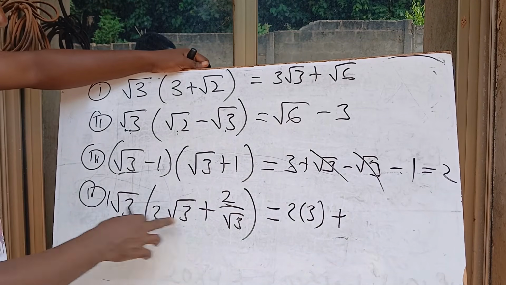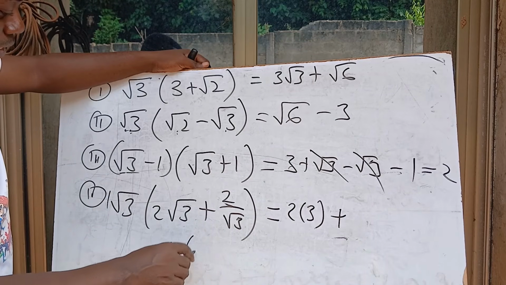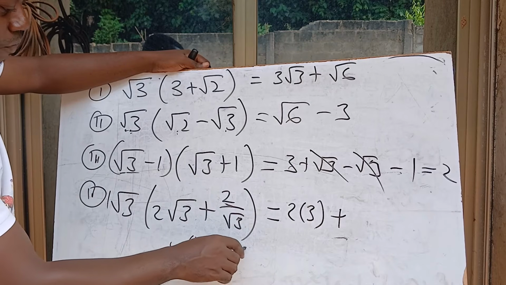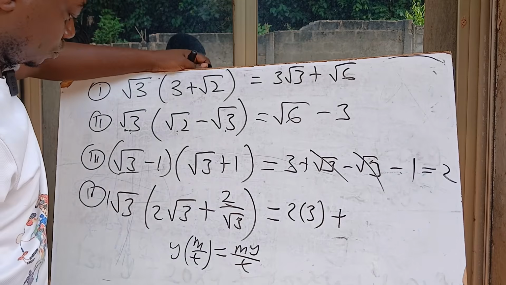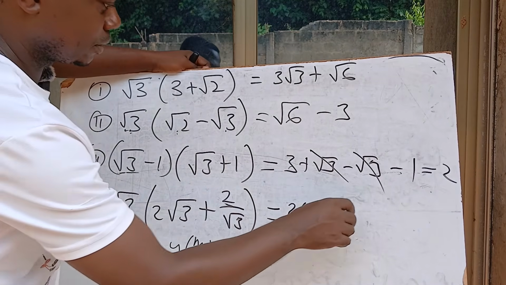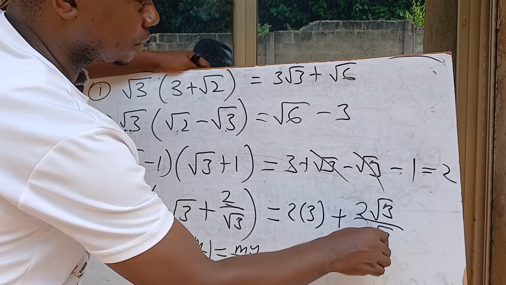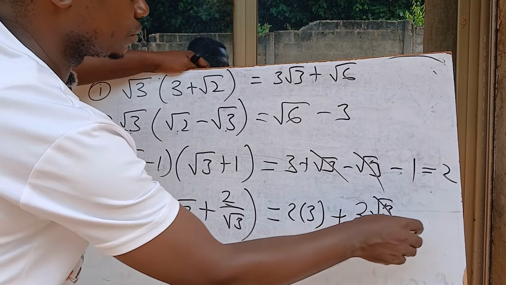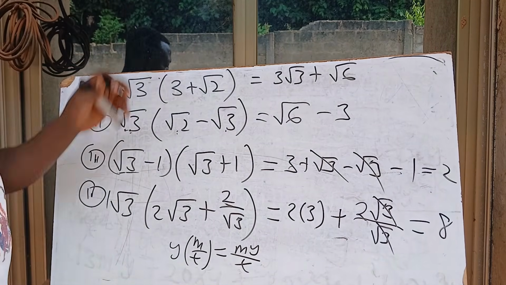Now when you multiply anything by a fraction, it will affect the numerator, so y times m on t will be my on t. Okay, so this times that will be 2 with 3 on with 3, whereby this one will cancel, so 3 to 6 plus 2, 8. As simple as that. All right.